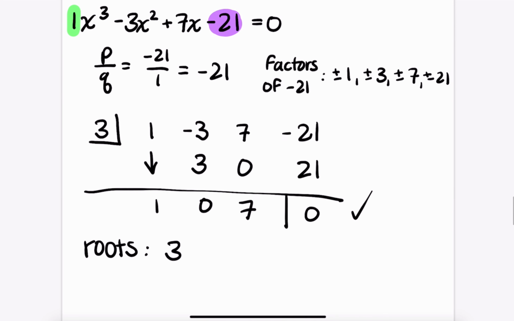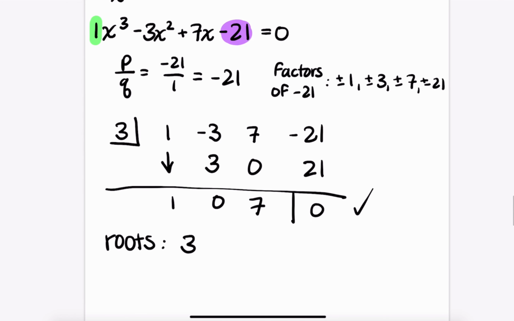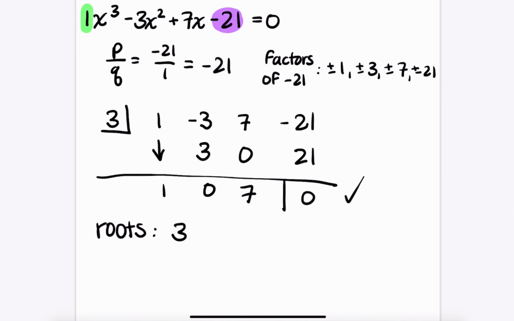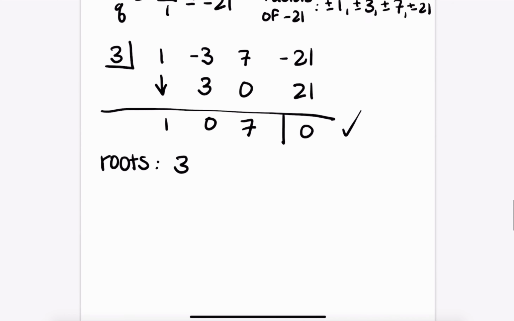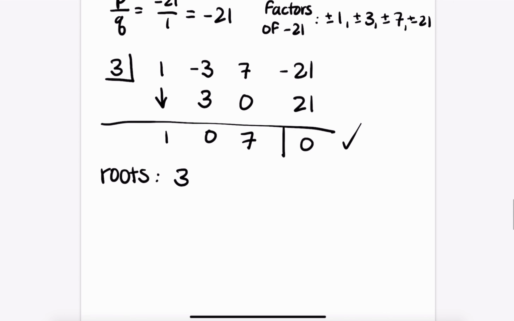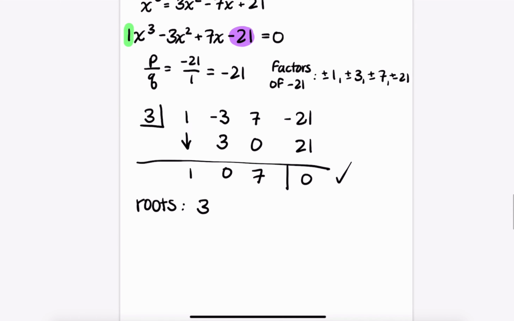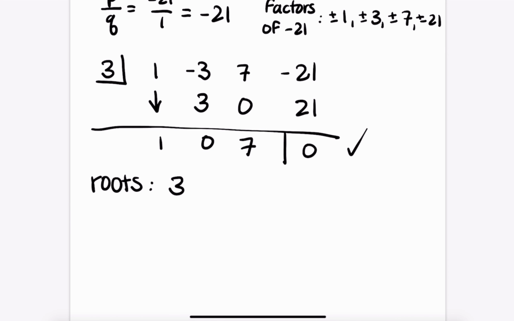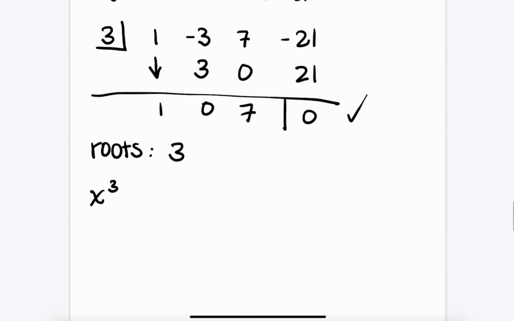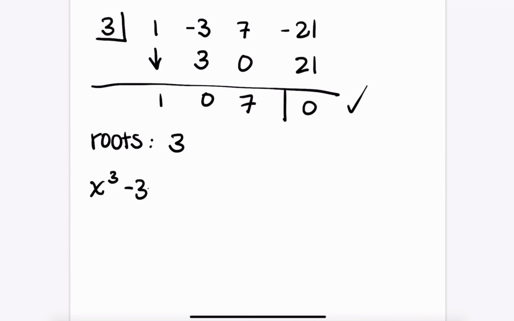And keep in mind that this is a cubic function. We have x cubed as our leading term, so we will have 3 zeros, or 3 roots. So our next step, we can write this as factored. We have x cubed minus 3x squared plus 7x minus 21. And what we did with the synthetic division, we essentially pulled out an x minus 3.